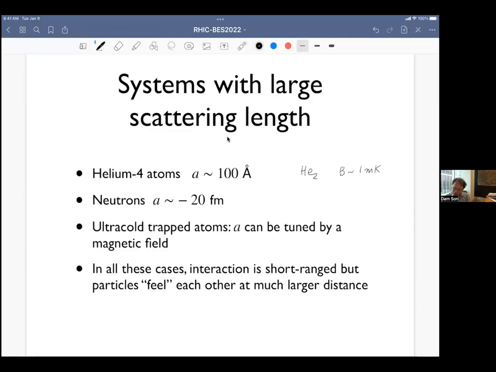An example closer to nuclear physics is the neutron. Two neutrons do not form a bound state, but they almost form a bound state. The scattering length between two neutrons is minus 20 Fermi. If one flips the sign of this a, that would correspond to a binding energy of about ħ²/(ma²) of about 0.1 MeV, which is much smaller than the typical scale in nuclear physics.